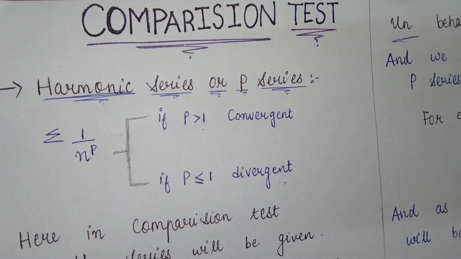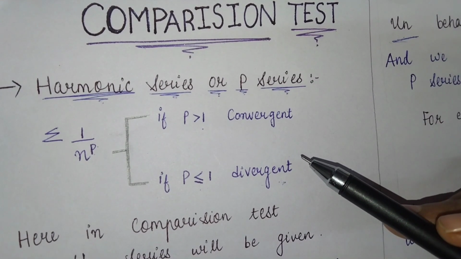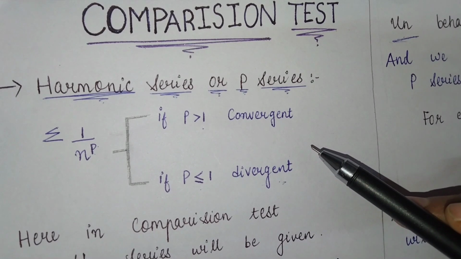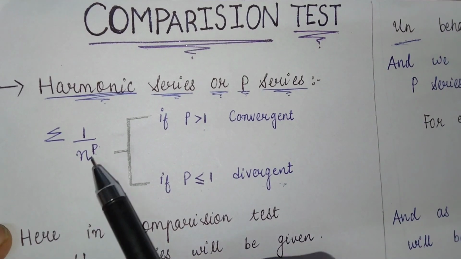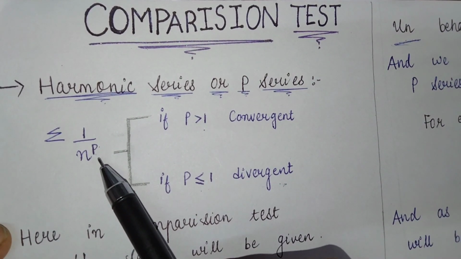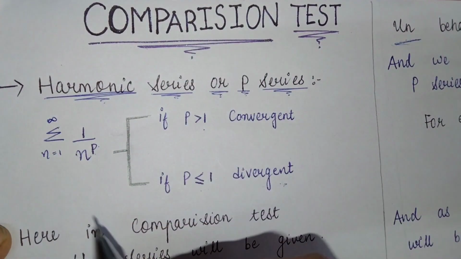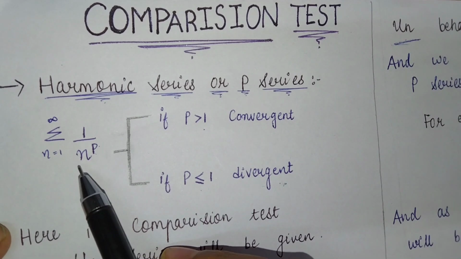So you should know the P test before starting the comparison test. We have already discussed this in the previous lecture in one example, that whenever the form 1 upon n raised to p, with n equal to 1 to infinity, is given, you can apply this test.